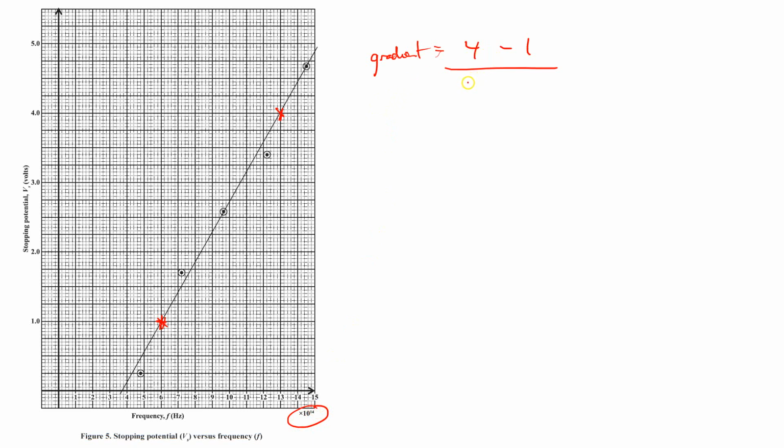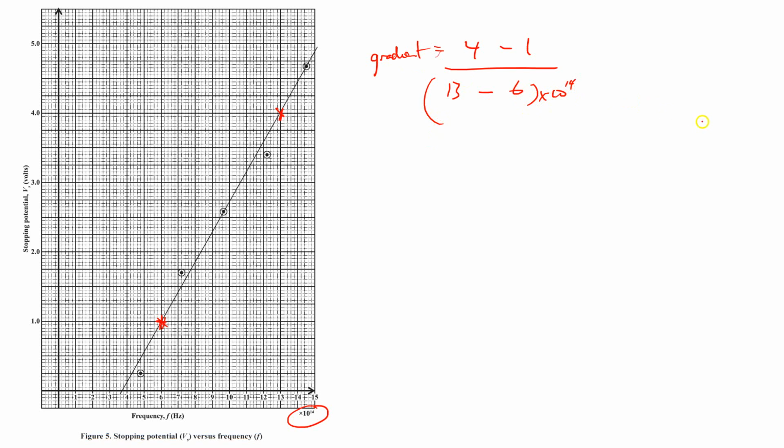So let's see now. So the corresponding, that's 13, minus 6. All of this in brackets times 10 to the 14. Please put the bracket and put the value here. For me, please don't work on the calculation, you calculate and just write down the answer. Don't do that, please.